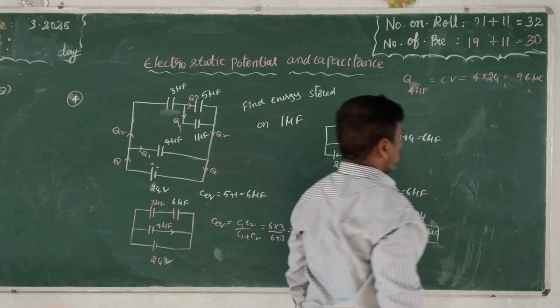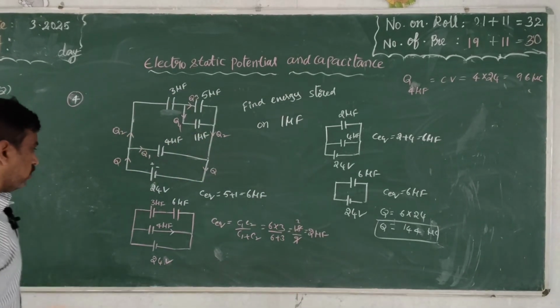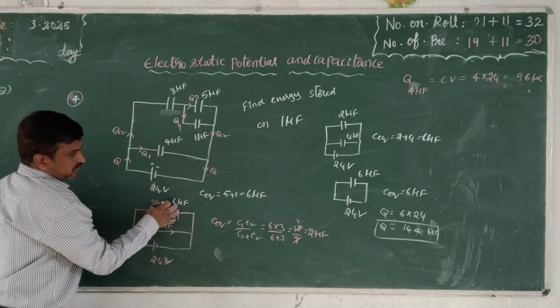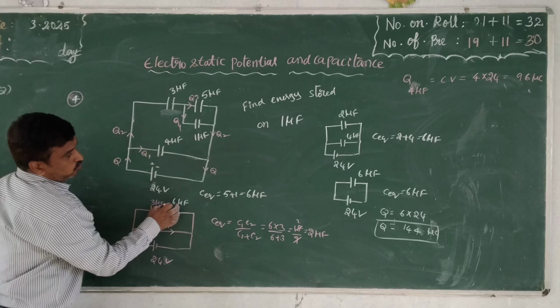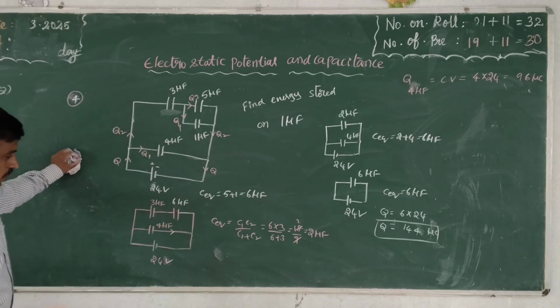96 microcoulombs is the charge here. Now the charge on the resultant, which is 2 microfarads: C is 2, potential is 24, 2 into 24.